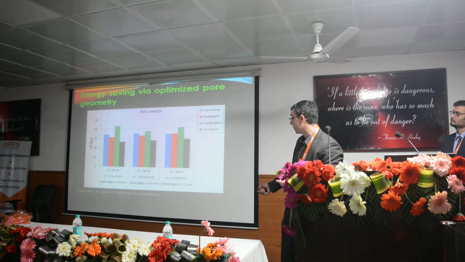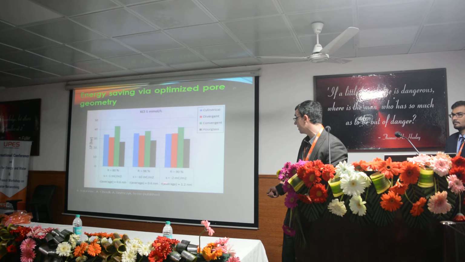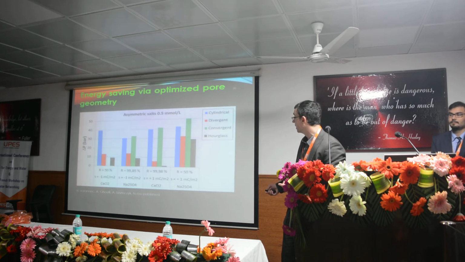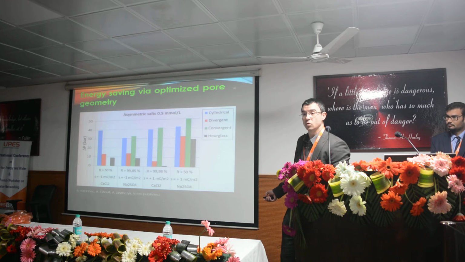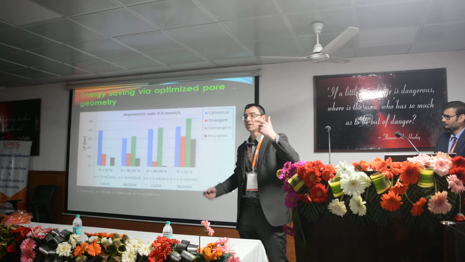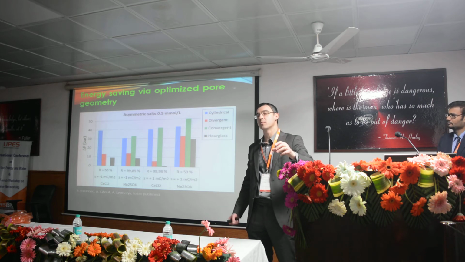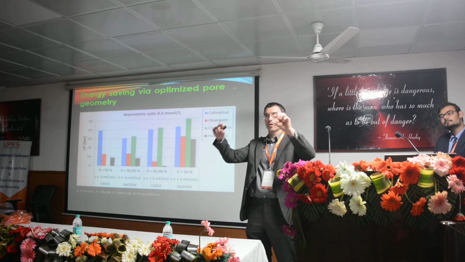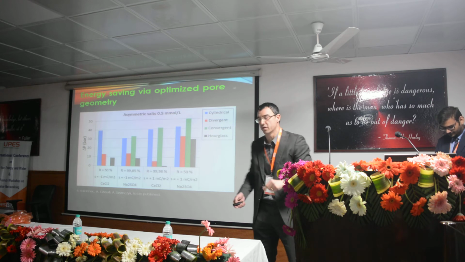This was observed independent of the surface charge density of the membrane, independent of the pore size of the system, independent of the type of electrolytes you use. So the conclusion is that a lot of energy could be saved if we are able to design membranes with these pores, not cylindrical pores, but hourglass shaped pores.